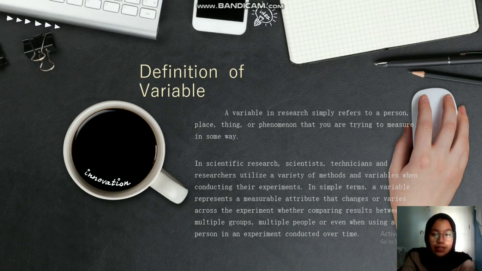In scientific research, scientists, technicians, and researchers utilize a variety of methods and variables when conducting their experiments. In simple terms, a variable represents a measurable attribute that changes or varies across the experiment, whether comparing results between multiple groups, multiple people, or even when using a person in an experiment conducted over time.